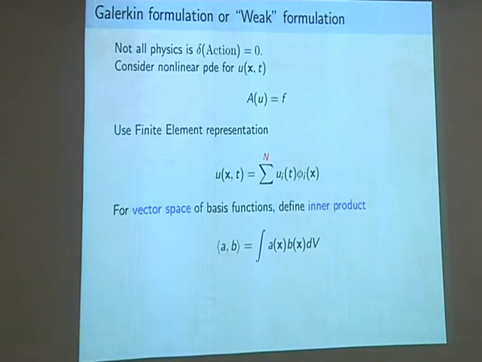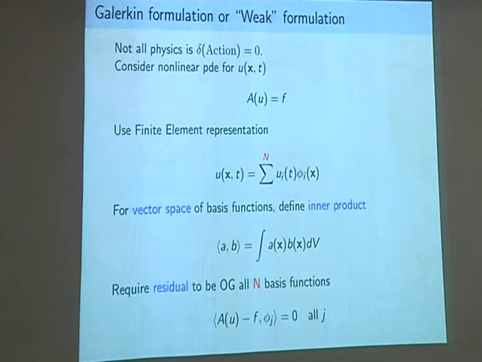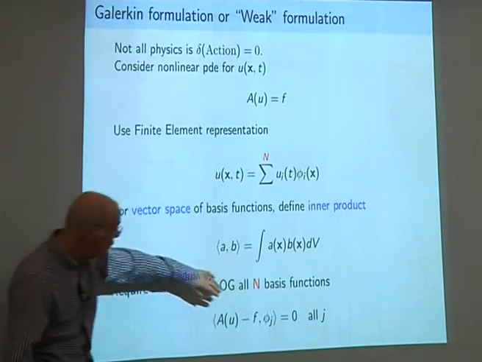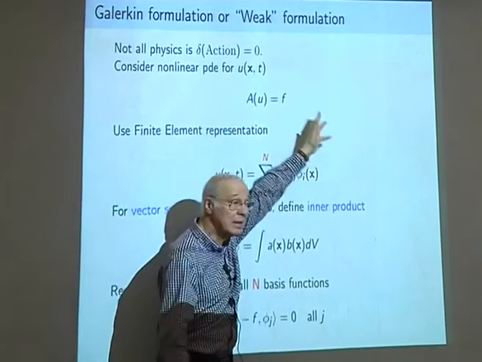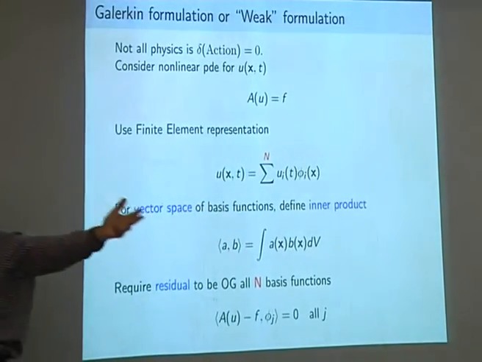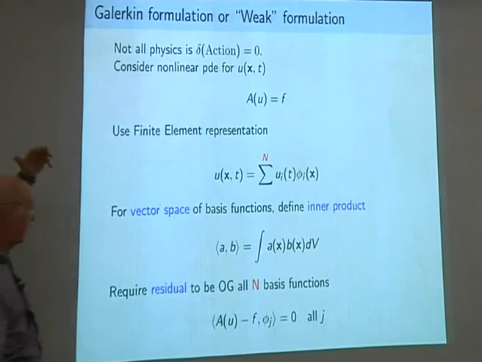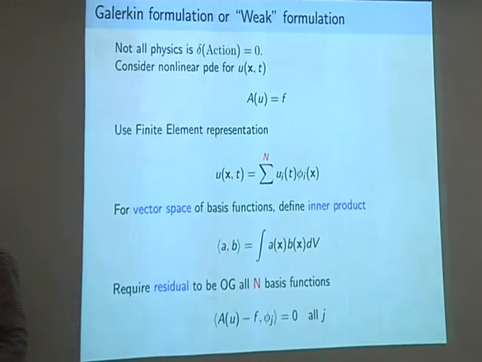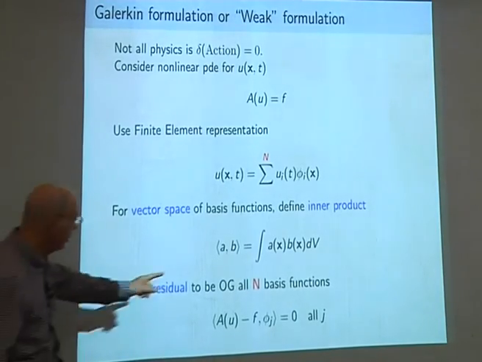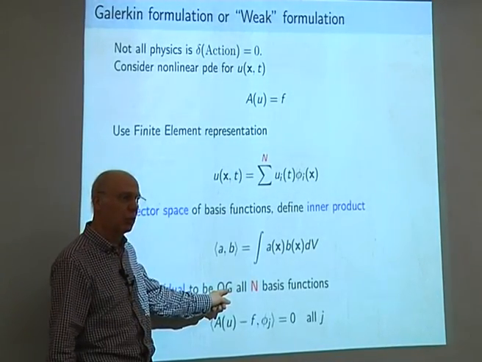Good, good. It's just to explain the next line: what we do is we take the residual, so we take f away from this, and we should get 0. Of course, we don't get 0 numerically, but what we ask is that this residual has to be orthogonal. So OG is my way of saying orthogonal.